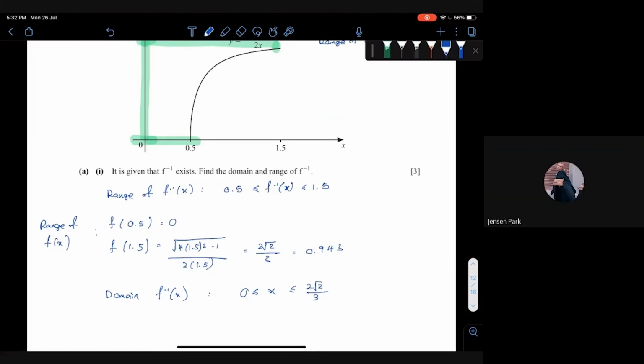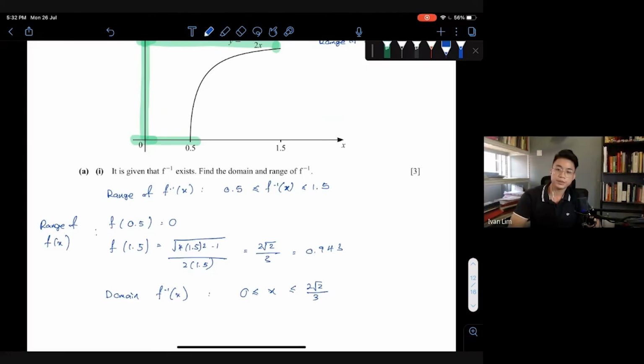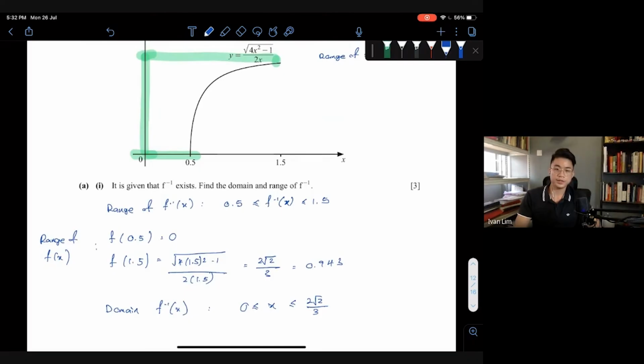Can it be 8 root 2 over 3? Try not to leave it like that. Whenever you can simplify, then simplify it. Okay, clear this one?